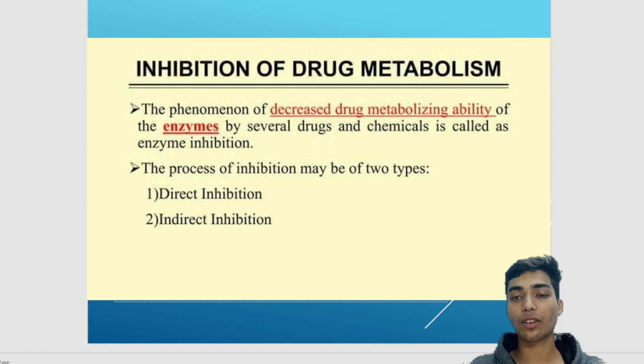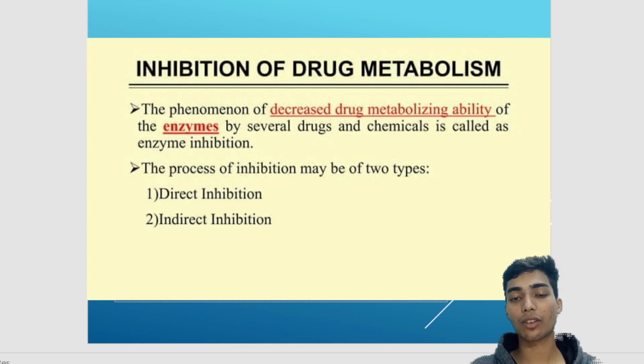In inhibition of drug metabolism, we inhibit drug metabolism so that the drug can stay for a longer duration in our body and create more action. It is the phenomenon of decreased drug metabolism ability of the enzyme by several drugs and chemicals, and is called enzyme inhibition, which results in inhibition of drug metabolism.